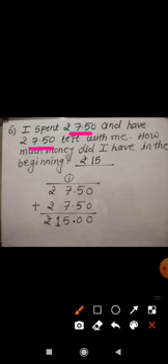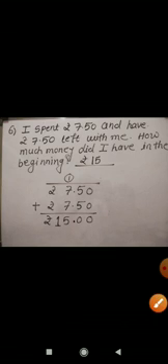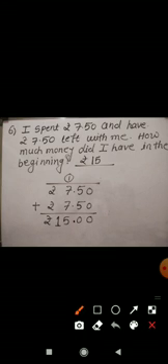Then how much money did I have in the beginning? Now to find out the amount we had in the beginning, we need to add the amount spent and the amount left. So here you can see the addition, and the addition comes 15.00. 15.00 is the same as 15 rupees. So how much money did I have in the beginning? 15 rupees.